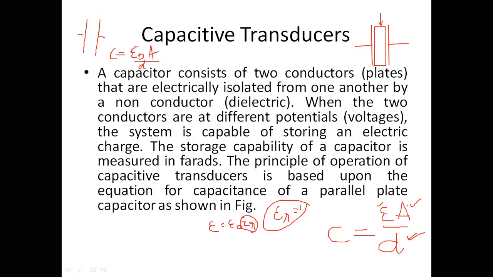Therefore, C equals epsilon naught A by D is my formula for a parallel plate capacitor with air as the dielectric.